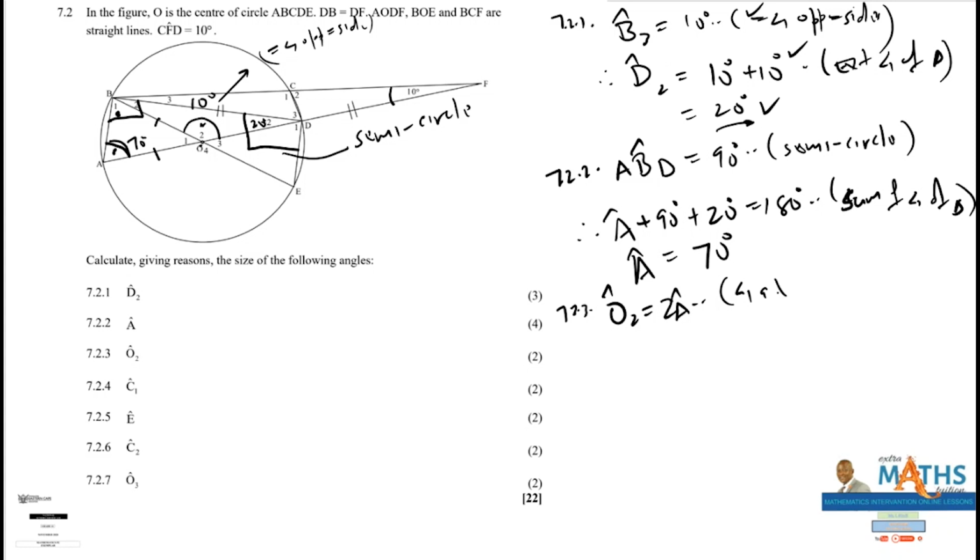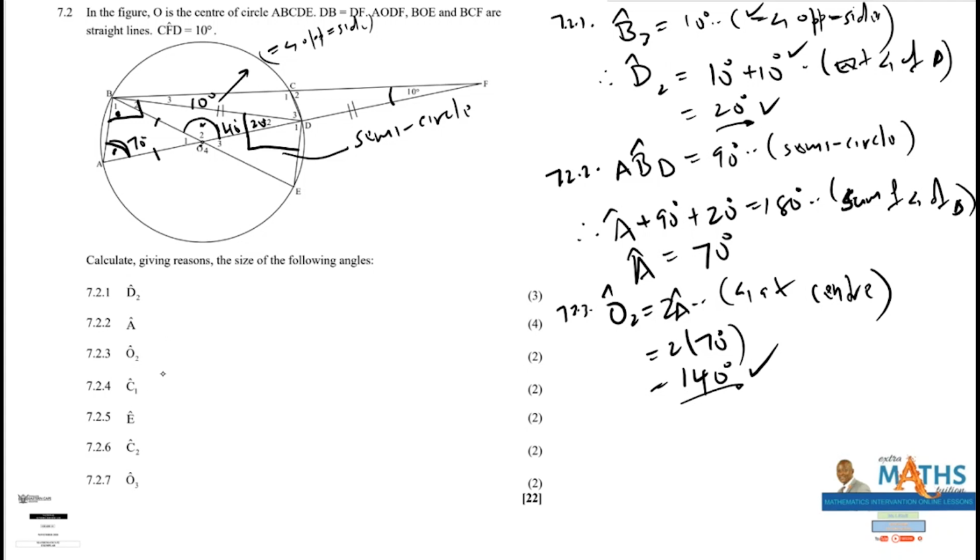It's an angle at the center. Then our A was 70 degrees. It means O2 is 140 degrees. Okay, let us put that on our diagram, which is 140 degrees. Right, I hope you still understand, guys.